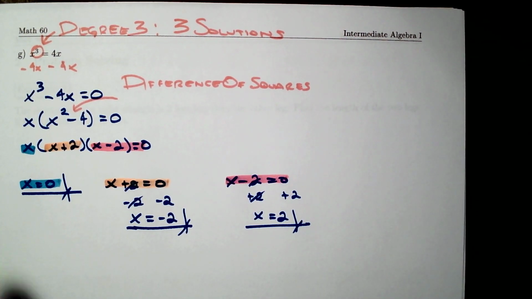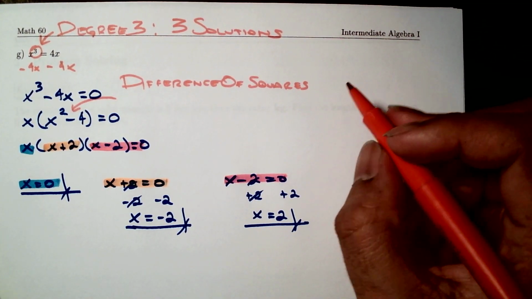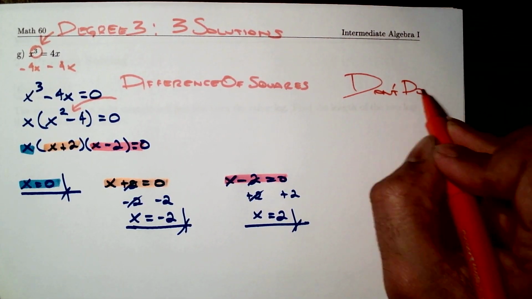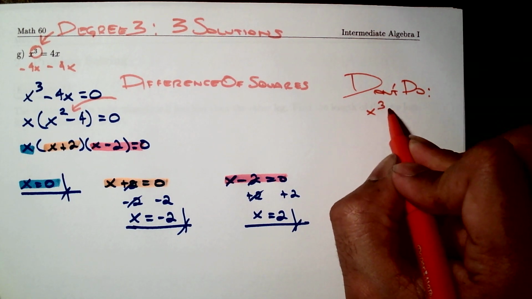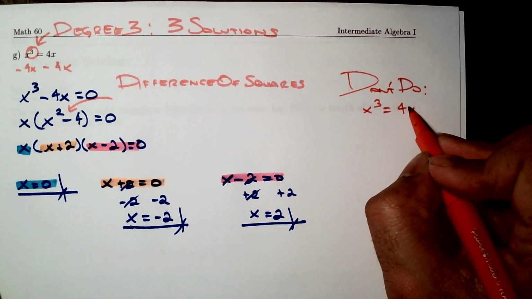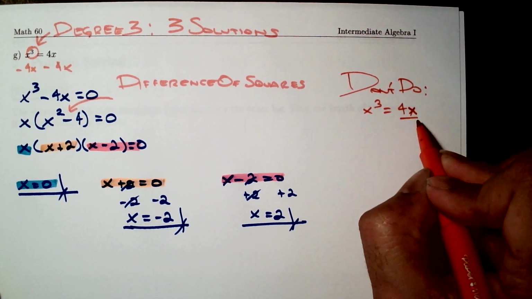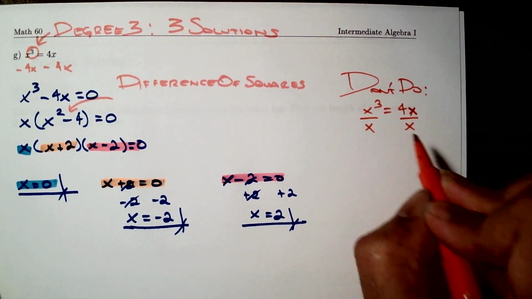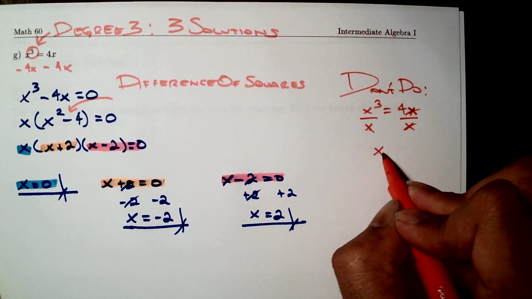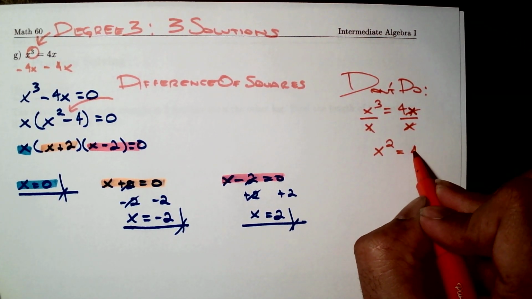Okay, that was the incorrect way to do it. Let me show you the wrong way to do it. Don't do the following. X cubed equals 4x. What most people might be thinking is to divide both sides by x. Then cancel, cancel. X cubed over x gives us x squared equals 4.